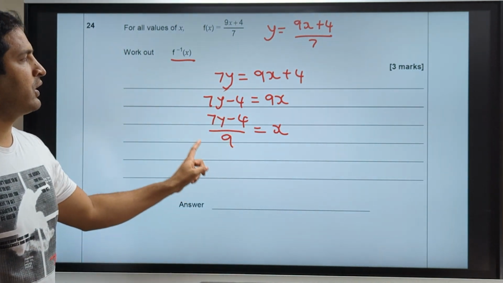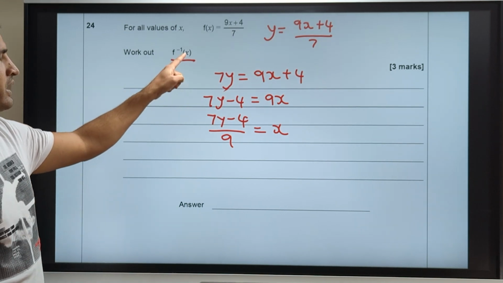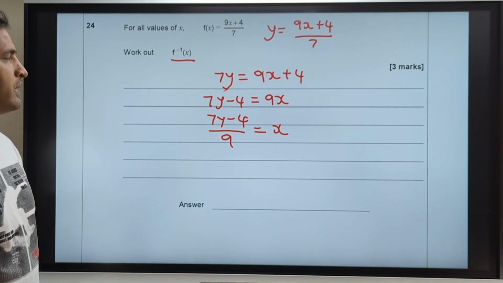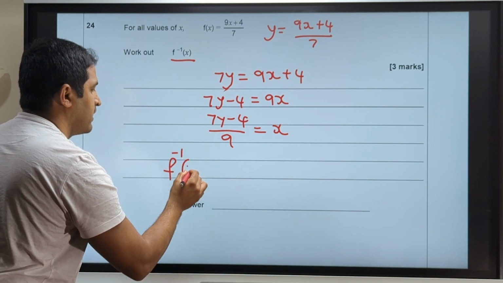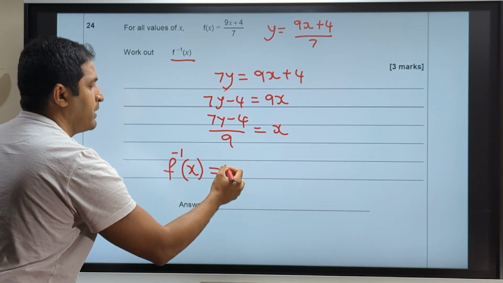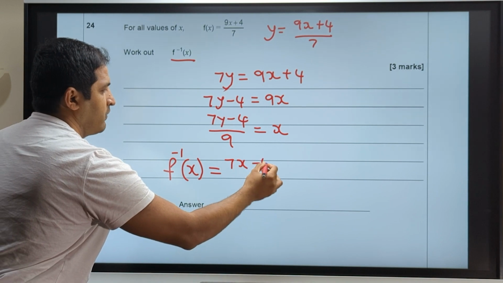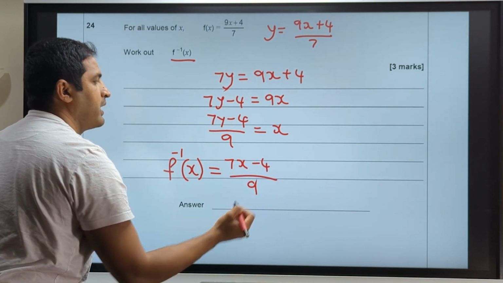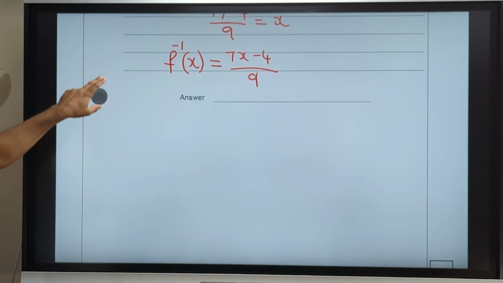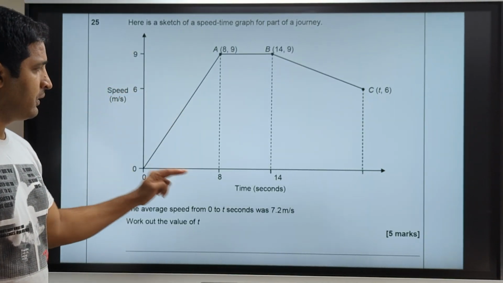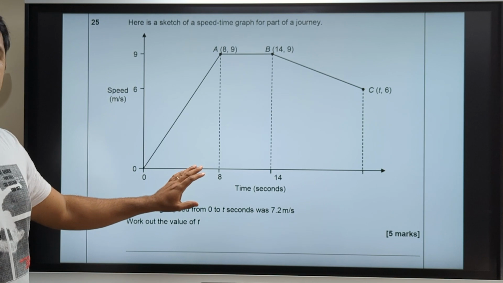And that would be your inverse function. So if I wanted to write it in terms of x, we replace that y with x. So the inverse function of x would be (7x minus 4) over 9. That's your inverse function.